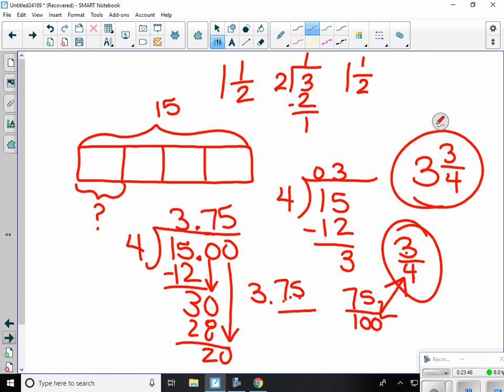Then you could do either one. But if it says, write your answer as a fraction, then you have to write it as a fraction. If it says, write it as a decimal, then write it as a decimal. So you have to make sure you read your directions. If it says or, then you can do either one. You can't just say, I want to do decimals because I like that one better.